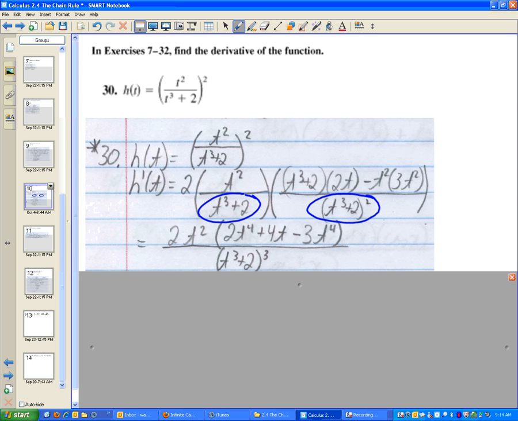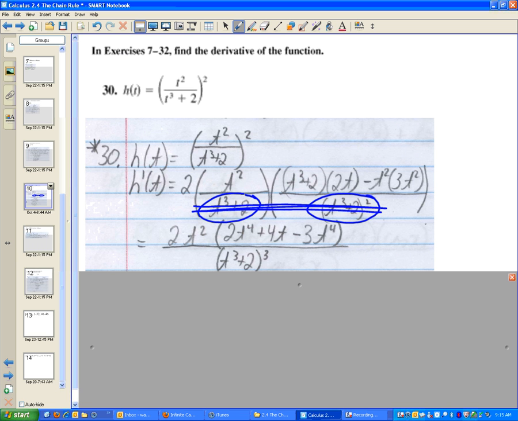Now, I've always told you, don't bother multiplying the denominators out. And I don't really feel like I did multiply the denominator out. I just made it one quantity instead of two quantities because they were the same quantity. So I'm still leaving the denominator factored. It's just a little nicer form of factored. So I've taken care of that.